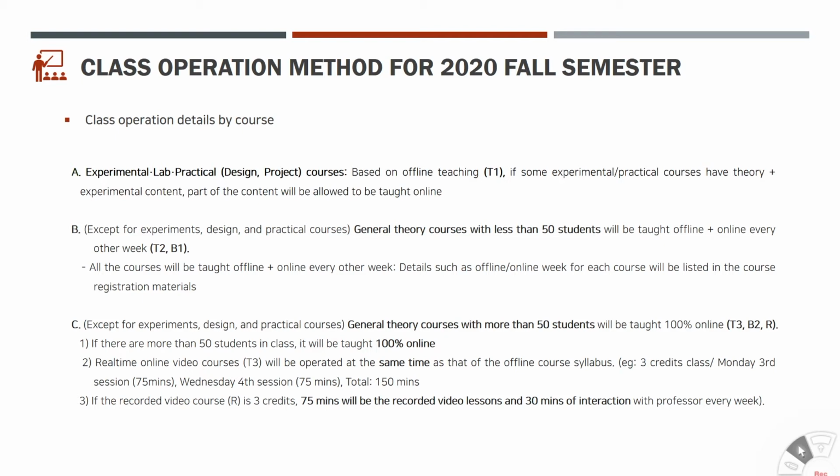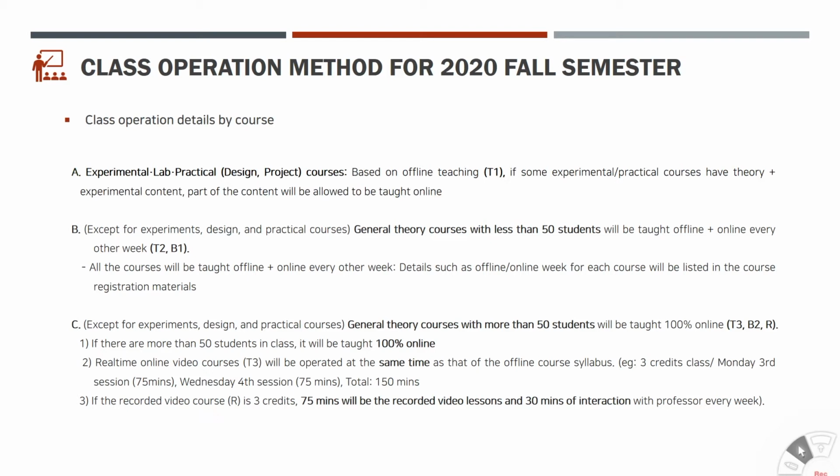Third one, C, general theory courses with more than 50 students will be taught online. That means if there are more than 50 students in class, then it will be taught 100% online. And D3, real-time online video courses, will be operated at the same time as the offline course syllabus.